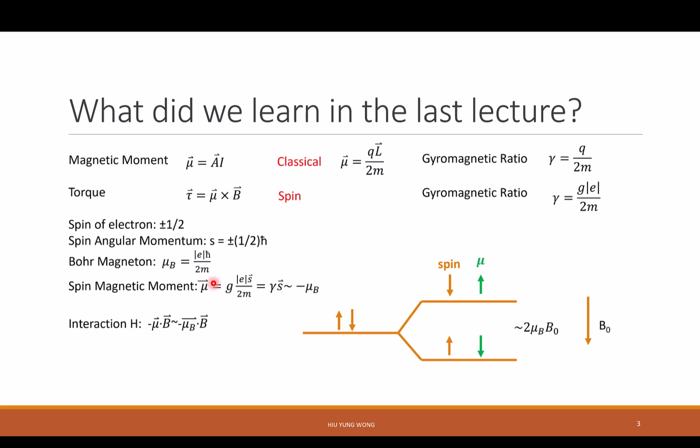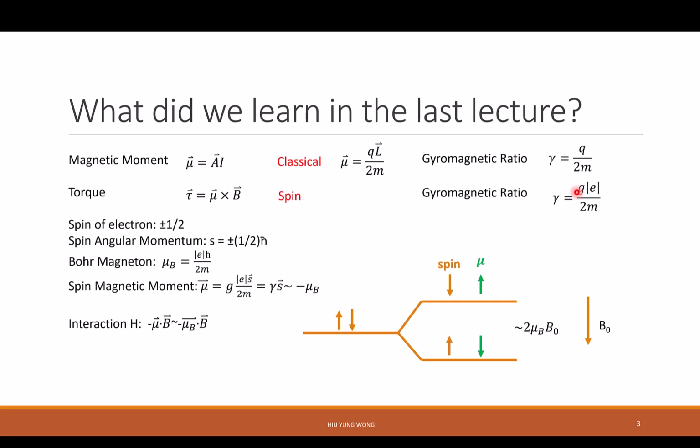It's not really spinning, but we just accept that it has spin angular momentum, so it also has a spin magnetic moment. And the main point is that now, if you have the spin magnetic moment, then what's the relationship between the magnetic moment and the angular momentum? Now, instead of the classical q divided by 2m, it turned out to be g times e divided by 2m. And g is something called the g factor.